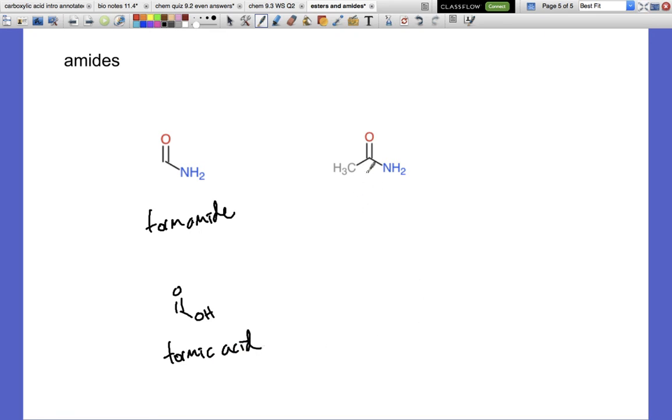And again, I already used this one a couple times, or at least I usually use this one when I'm naming. I use that acid prefix. This is an acetamide. And again, acetic acid, that main ingredient in vinegar.